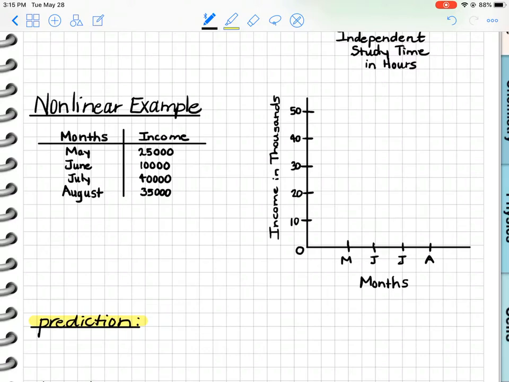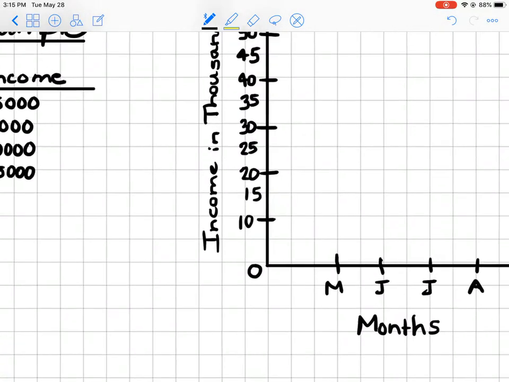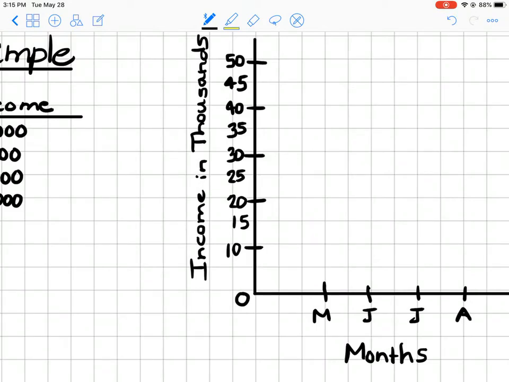The months are listed across the bottom, May, June, July, and August. And then the income is listed up the vertical axis in thousands. So I have 10,000. This would be 15,000, 20, 25, 30, 35, 40, 45. And I left those blank because I wanted to do that with you. I wanted to make sure you know how that is scaled between each of those.